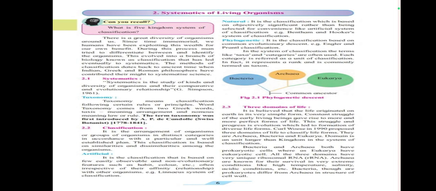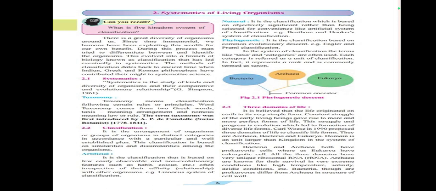This evolved into the branch of biology known as classification that has led eventually to systematics. The methods of classification date back to ancient times. Indian, Greek, and Roman philosophers have contributed their might to systematize science.